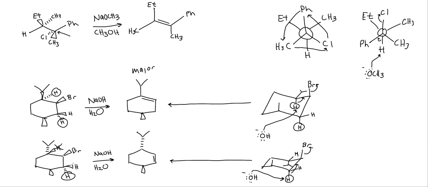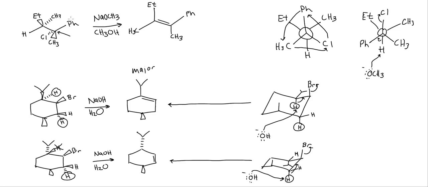The other thing I want to mention here about this one that we did the Newman projection for, if you're having trouble with Newman projections, I would encourage you to use a model, but if you don't have a model, you don't necessarily need to do the Newman projection, okay? What I can do, so this hydrogen right here is in the plane of the paper, or the screen, and it's going down.